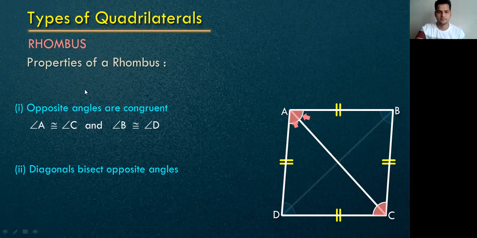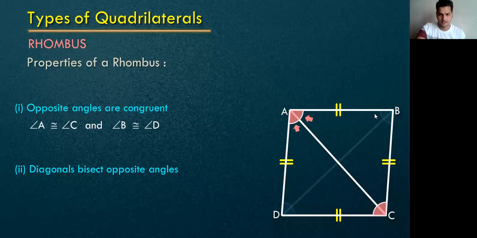For example, diagonal AC will bisect angle DAB. Correct? Now angle DAB is bisected into two parts, so we'll write that one by one. That is, angle DAC is congruent to angle BAC. Is that clear, students?